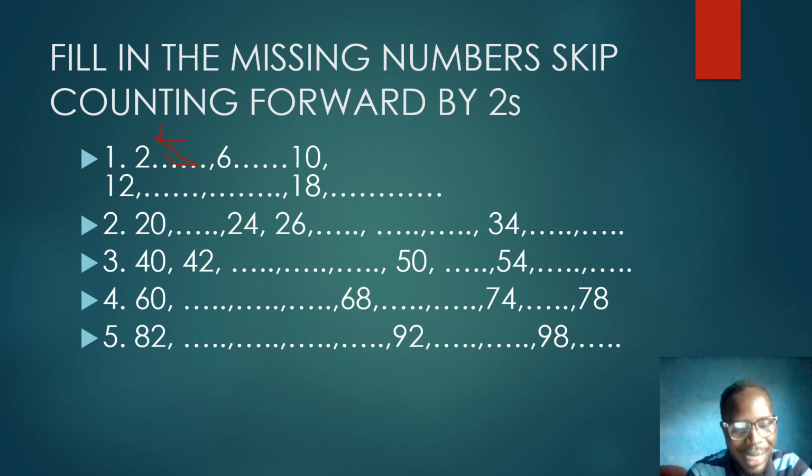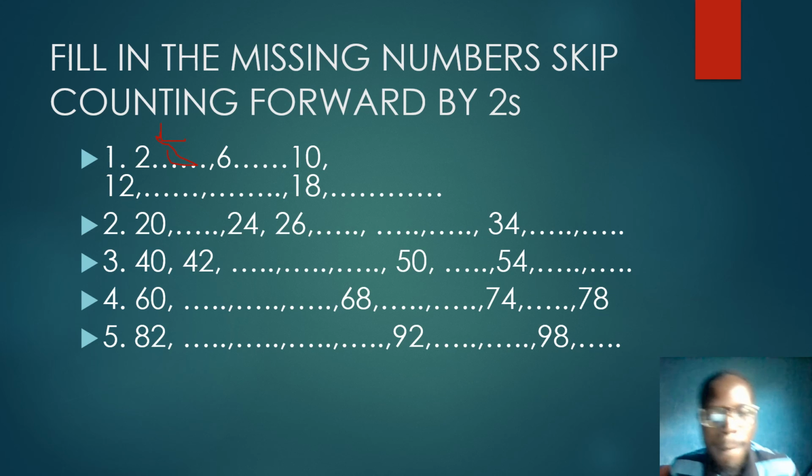So 4 plus 2, 6. 6 plus 2, 8. 8 plus 2, 10. 10 plus 2, 12. 12 plus 2, 14. 14 plus 2, 16. 16 plus 2, 18. 18 plus 2, then you have what? 20.